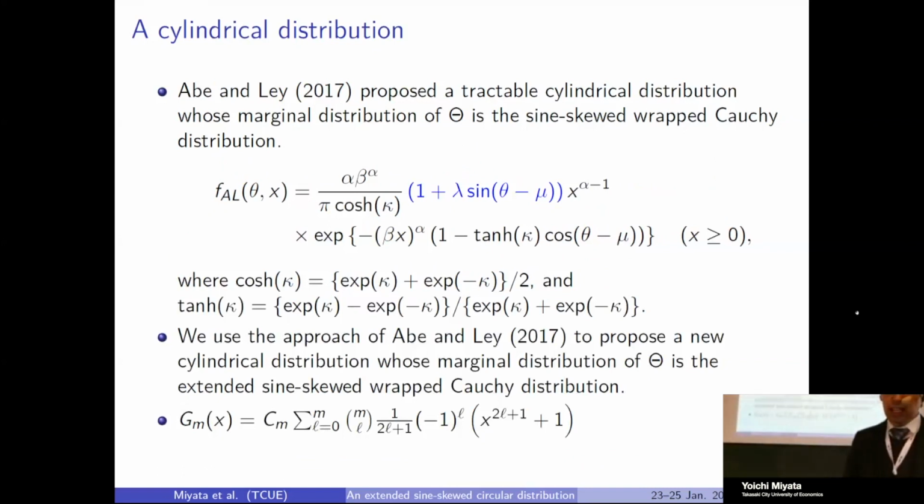The density is given by this expression. This is a hyperbolic sine and tangent function of kappa. So we use the approach of Abe and Ley to propose a new cylindrical distribution whose marginal distribution of theta is the extended sine-skewed wrapped Cauchy distribution.